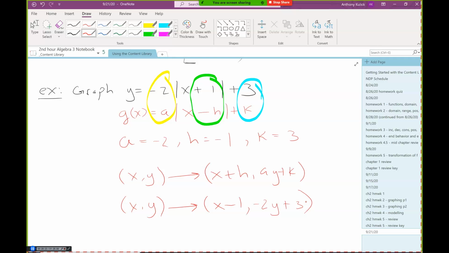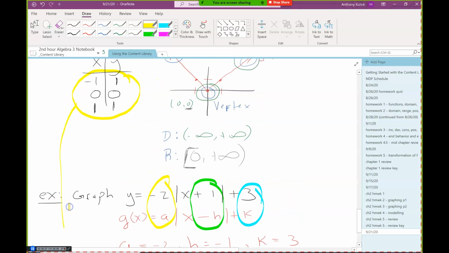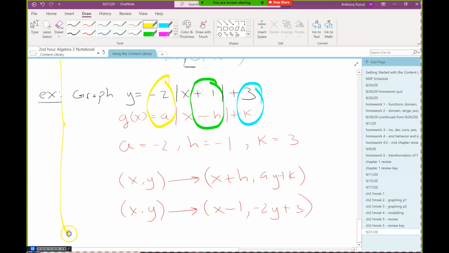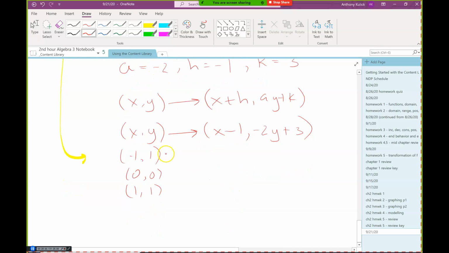What points am I going to transform? These same 3 points that we established earlier. Whenever I graph an absolute value function, I'm going to be using those same 3 key points. So every one of these graphing problems you're going to do in the homeworks, you're going to be using these same 3 key points.